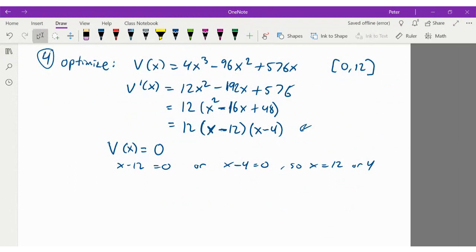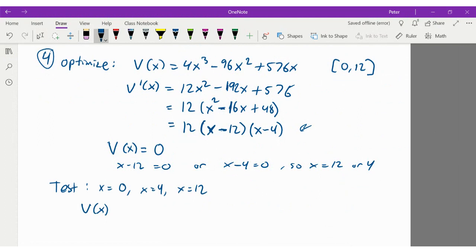So what we want to do is test x equals 0, x equals 4, and x equals 12. Again, remember the biggest mistake people make is they plug these values into the derivative. What you're trying to do is find the greatest and smallest values of the original function, the volume.